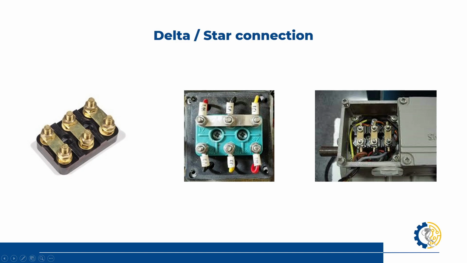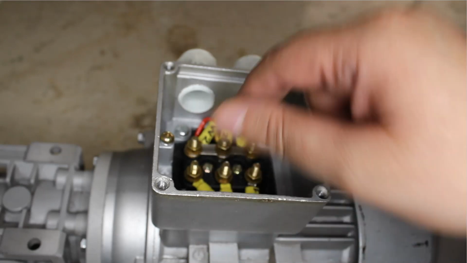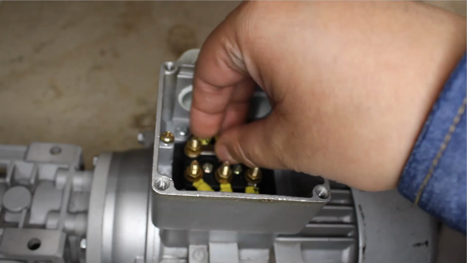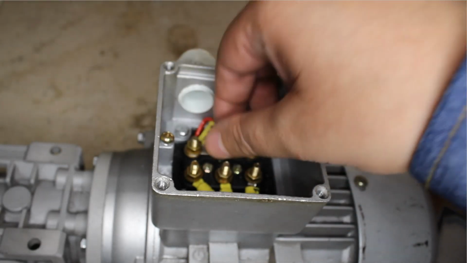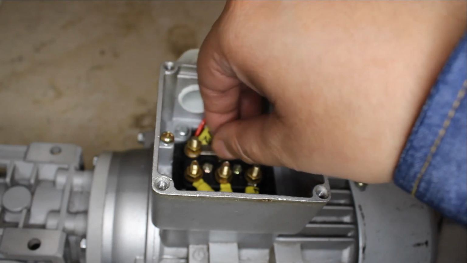Okay? Now further down, so that we can configure our drives, I'm going to change it to a triangle configuration, or a delta configuration. So therefore, I need to place the plates. First, I need to remove this. So I'm going to remove it by hand. Okay.